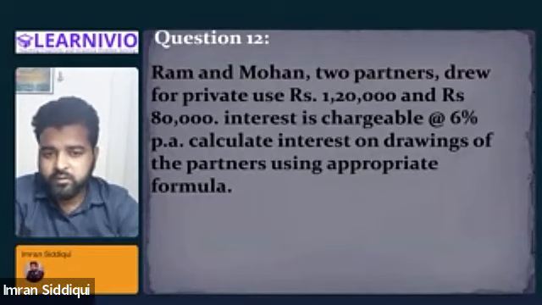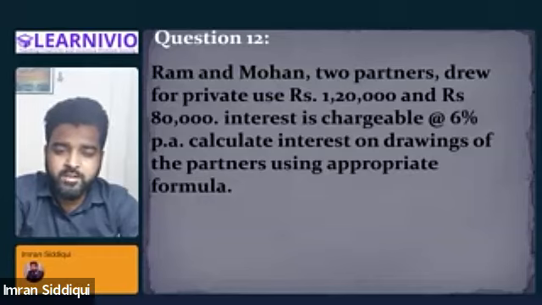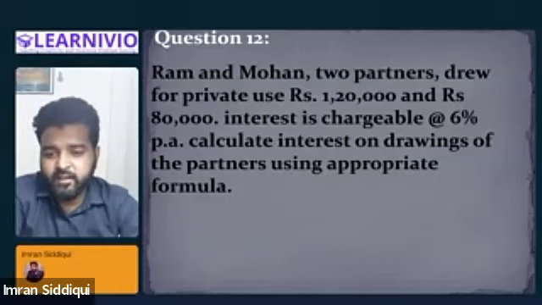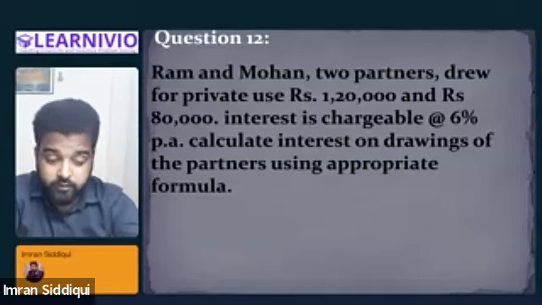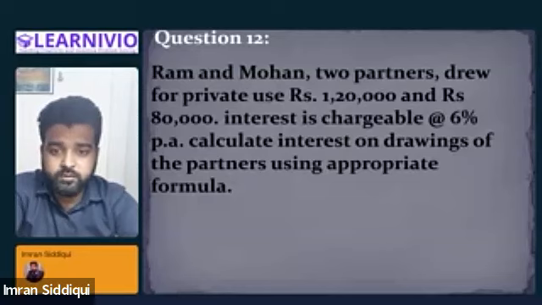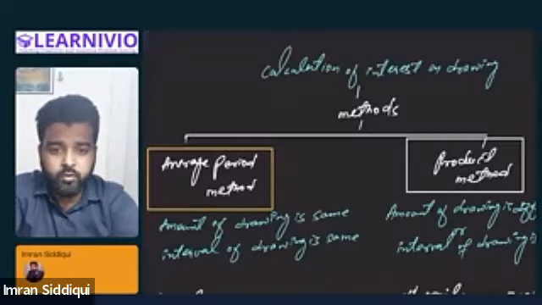The total amount withdrawn by Ram is 1,20,000, and similarly, total drawings made by Mohan throughout the year is 80,000. Considering these values, we need to find out the interest on drawing. Got it? Let me show you how we will calculate this question.